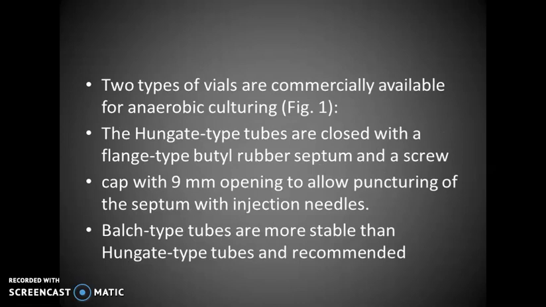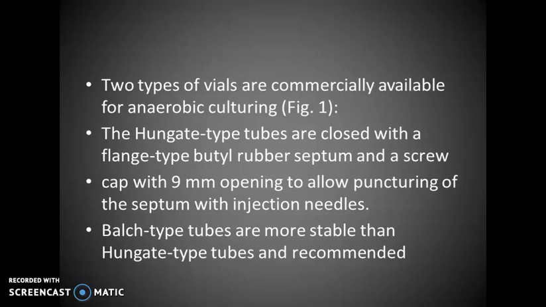Now, two types of vials are commercially available for anaerobic culturing. That is, Hungate type tubes, closed with a flanged butyl rubber septum and a screw cap with a 9 mm opening. I will show the types of tubes. Hungate tubes are a type of vial.